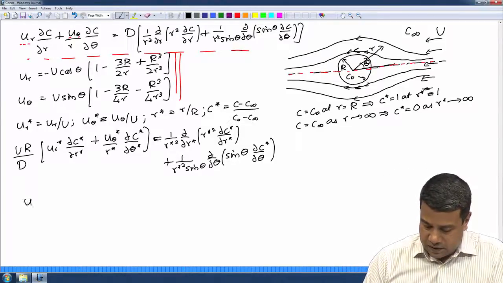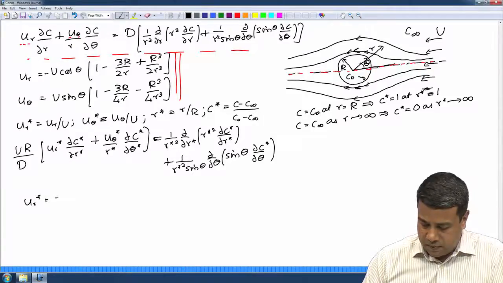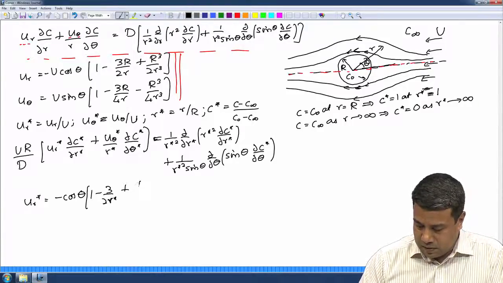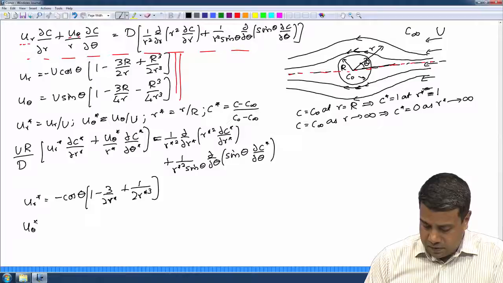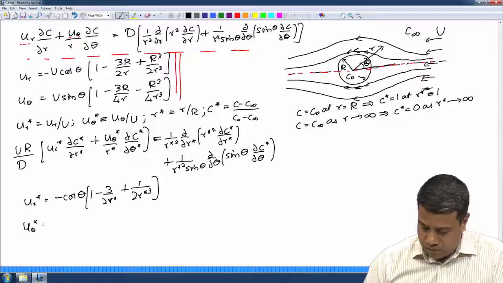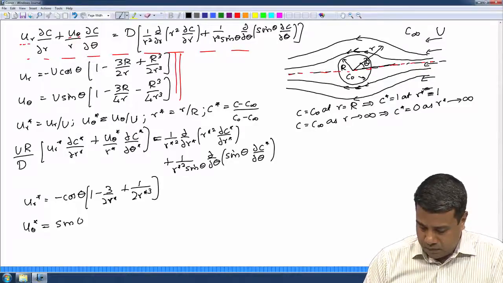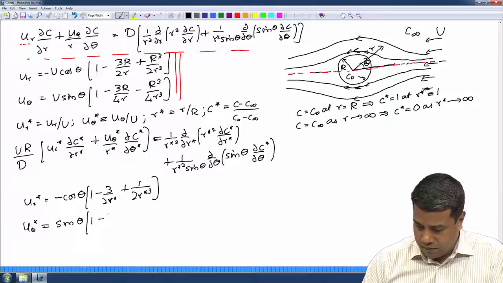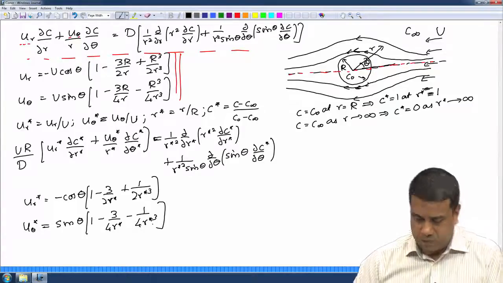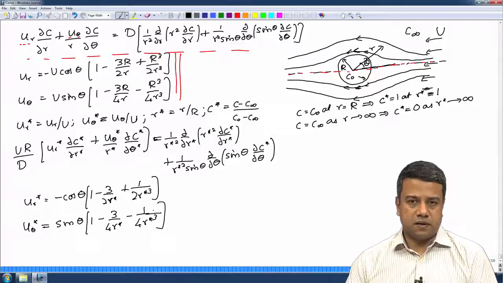And the scaled velocities are u r star is equal to minus cos theta times 1 minus 3 by 2 r star plus 1 by 2 r star cubed, and u theta star is equal to, okay, so those are the two velocities.